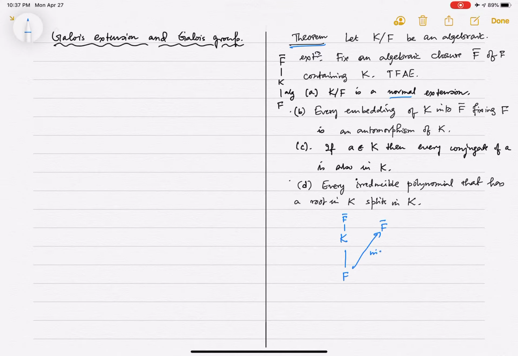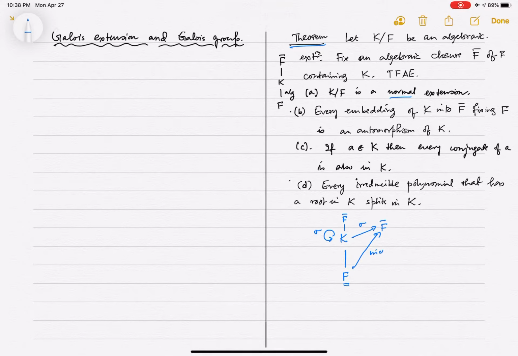This is the inclusion map. If you take any embedding sigma of K in F bar, fixing F pointwise, then sigma actually takes K to itself. So it actually determines an automorphism of K. Any such embedding is an automorphism.